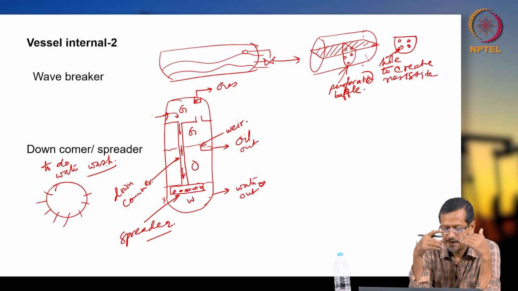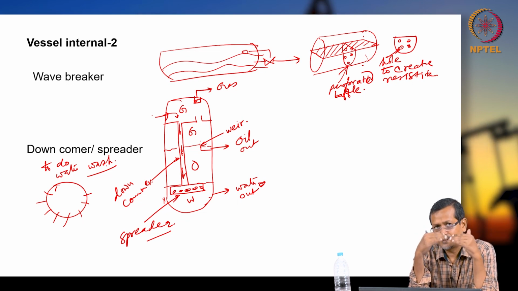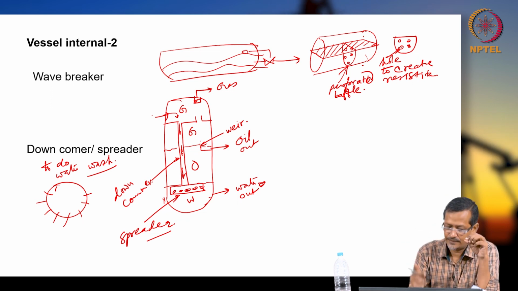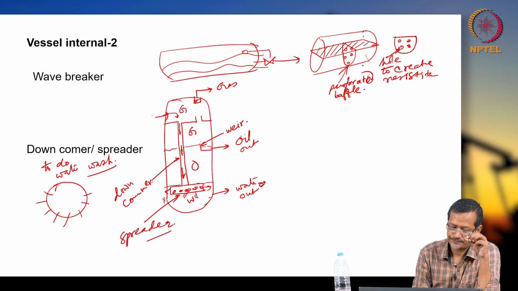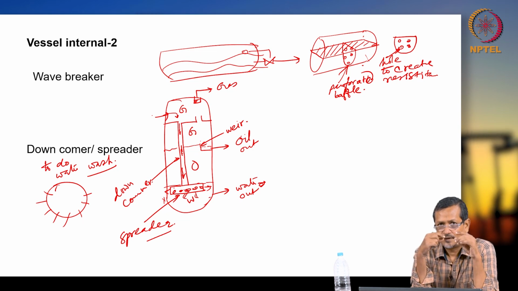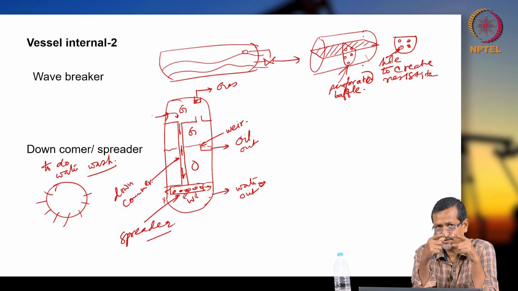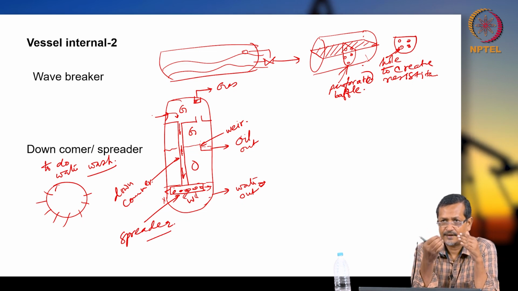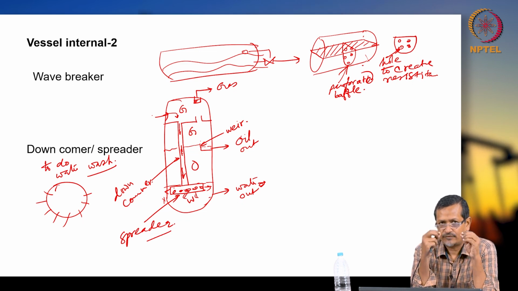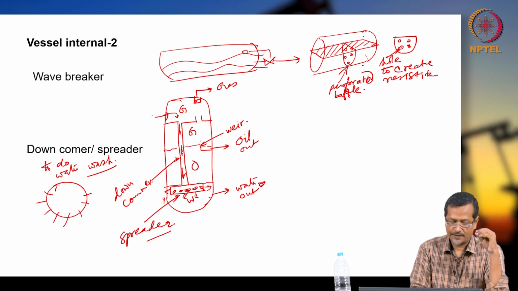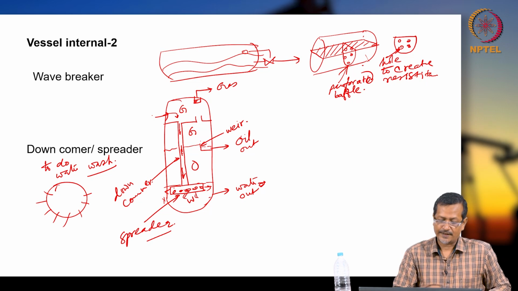Why water wash? Liquid and gas, everything coming to your spreader is going out. Now the gas particles will go up anyway, but the liquid particles, so oil is there, and the oil will have lots of water particles. If you have water particles in oil or oil particles in water, the oil particle will try to move up.